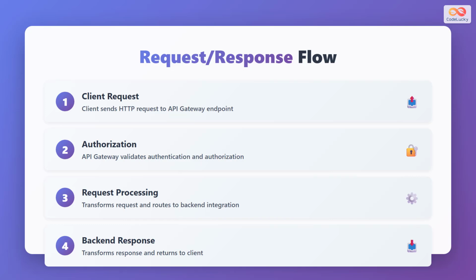Finally, when the backend responds, API Gateway transforms the response according to your specifications and returns it to the client. This multi-stage process ensures that every request is properly validated, processed, and delivered while maintaining security and performance standards.